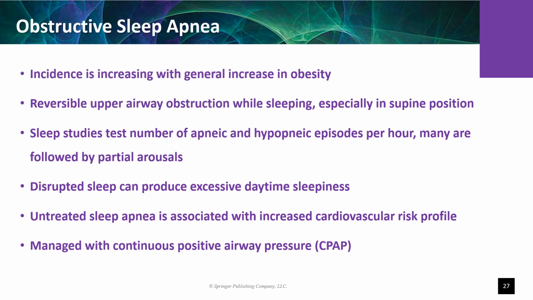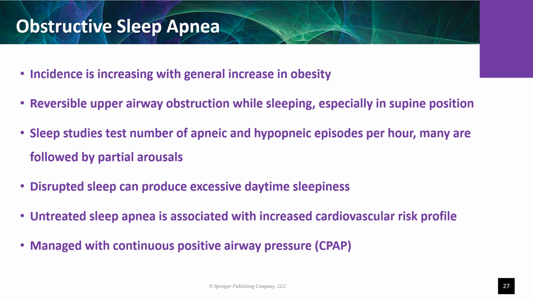Obstructive sleep apnea is the most common example of sleep disordered breathing, which is a condition of abnormal breathing patterns that occur during sleep. The upper airway becomes partly or completely obstructed for 20 to 40 second episodes during sleep. This causes apnea or hypopnea.